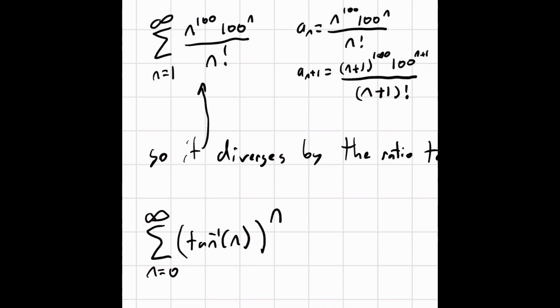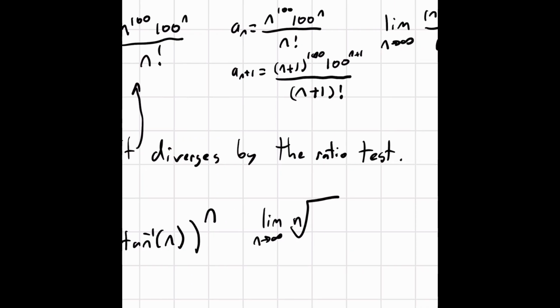So, are there any factorials here? No, so let's go ahead and consider the root test. The nth root of the absolute value of tangent inverse of n raised to the nth power. Or I guess the absolute value is supposed to go outside the entire term.